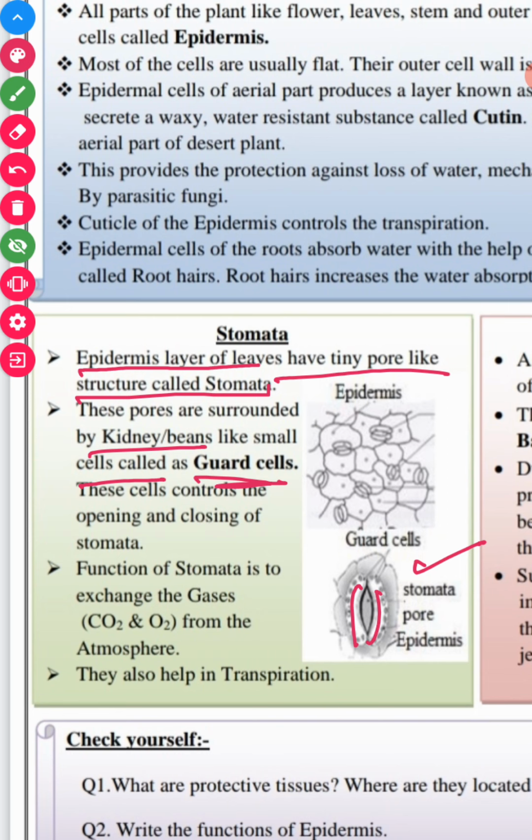This hole is called the stomata, and the guard cells control the opening and closing of stomata. The function of stomata is very important: the exchange of gases, CO2 and O2, with the atmosphere, and it also helps in transpiration.